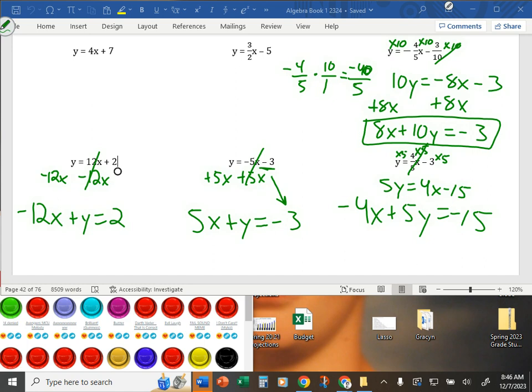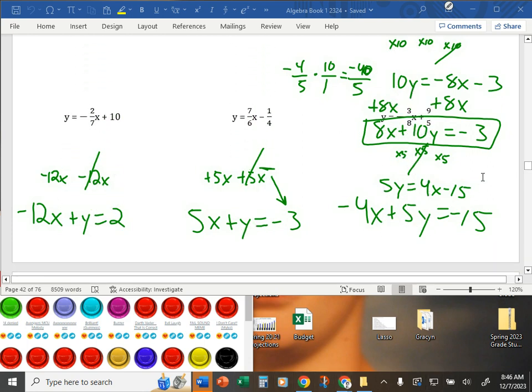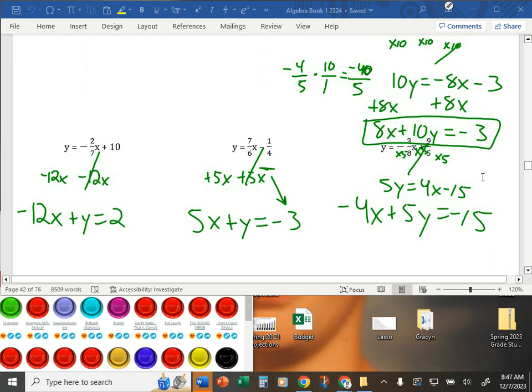Let's just do it. I want you to work on, and I won't erase this work, I'll try and bring it back up there for you to see, the next 3. All 3 of them have at least one fraction. I'll pause the video, give you like 5-10 minutes to work on these 3. Check your answer with a partner.